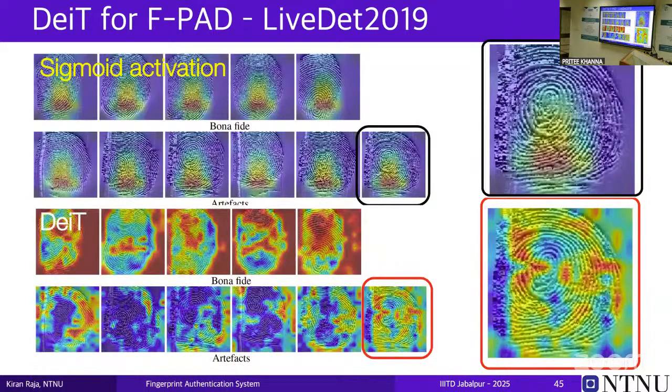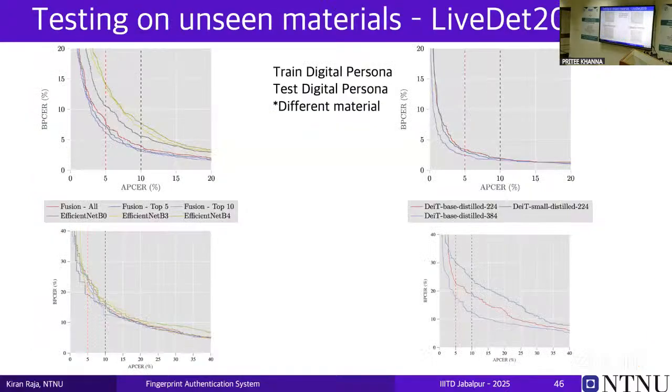In the case of the EfficientNet, it is telling me those are the areas it is looking at while it's saying that it is bona fide or that it is fake. And you see a clear difference. But although you see a clear difference, also make sure that this is not really looking at the information that we need to, right? So the idea here is that it is a visualization tool. It's helping us, but it's not solving. Okay, so that gives you an idea to work on in the future.